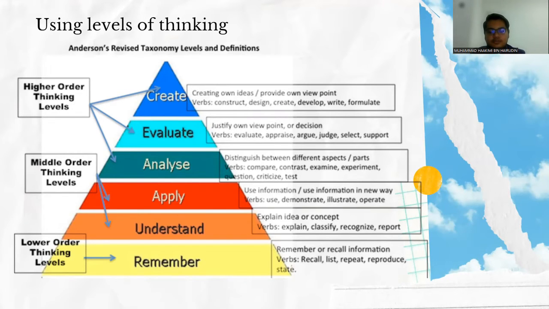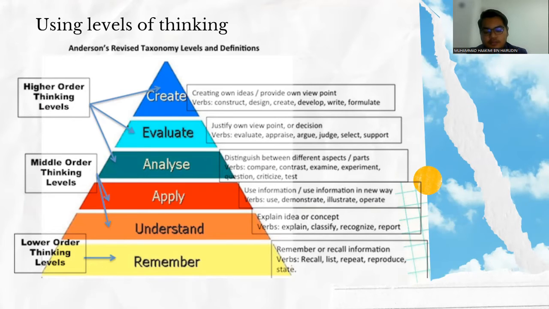The second one is evaluate, which is still the higher order of the thinking levels, by justifying our own viewpoint or decision. For example, evaluate, appraise, argue, judge, select, and support.